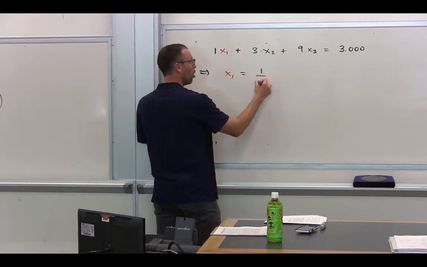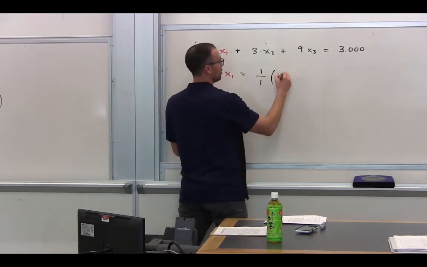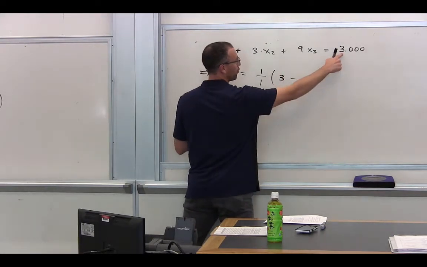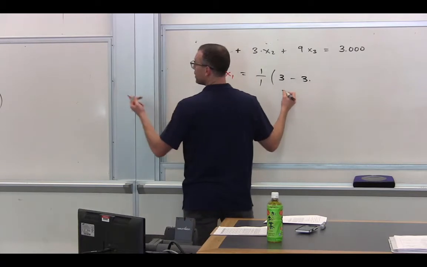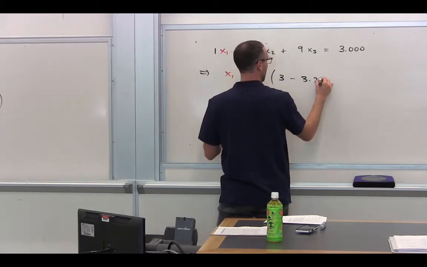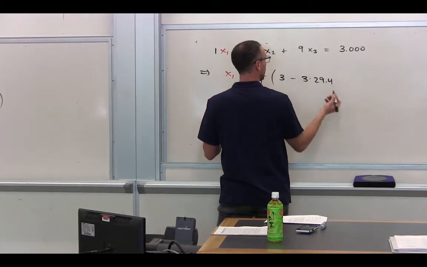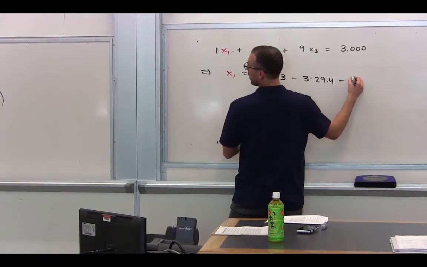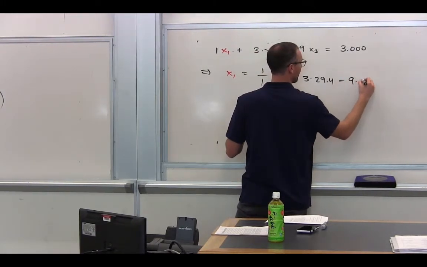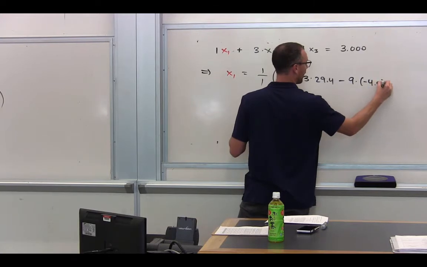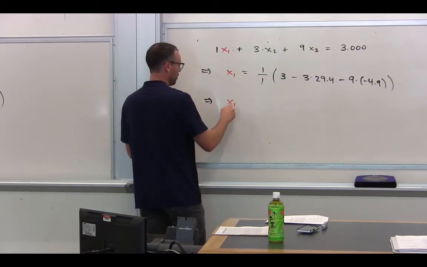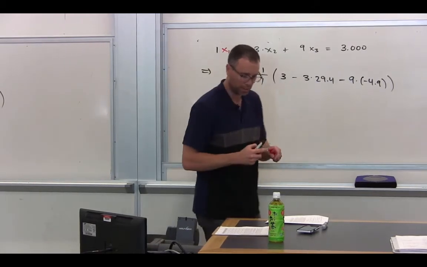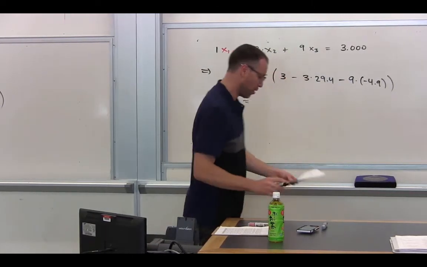This is going to be 1 over the diagonal entry, take away the first element of my vector b, and this would be 3 times 29.4, right? Minus 9 times negative 4.9. And then the claim of this thing is that x1 should be equal to, if I did my calculations correct, negative 41.1.